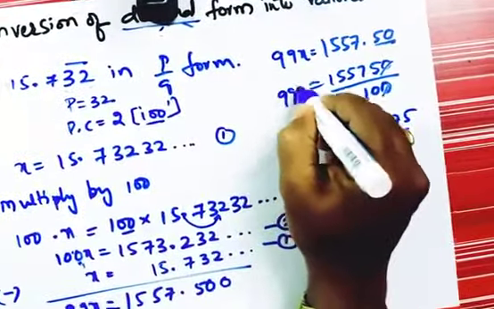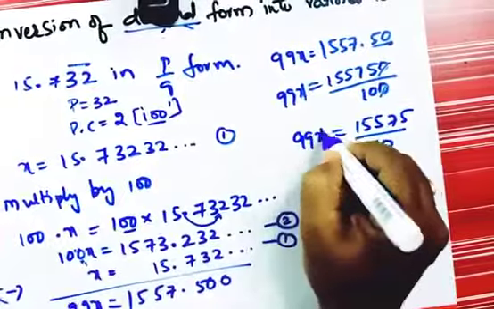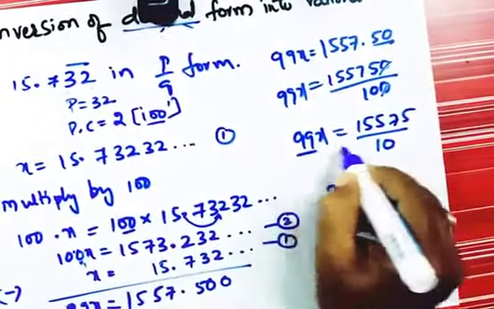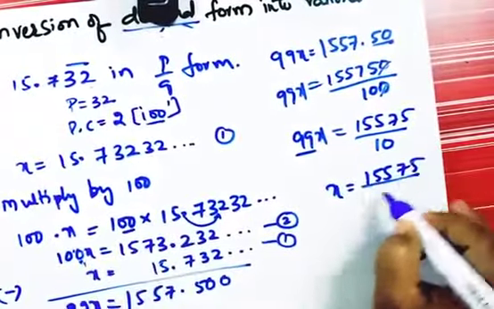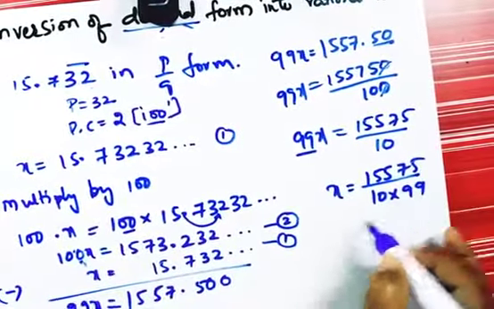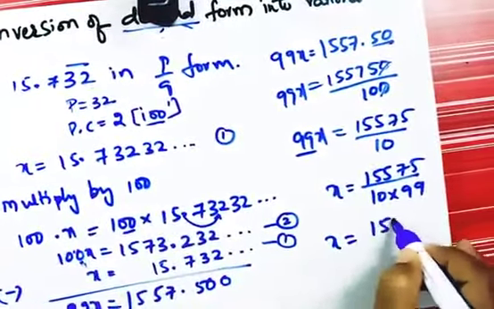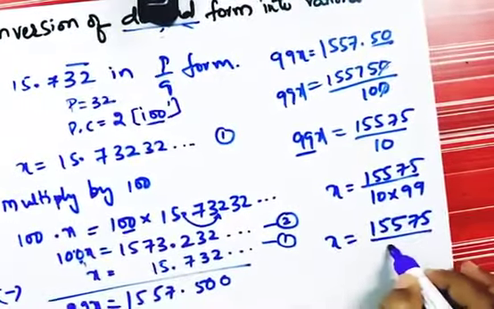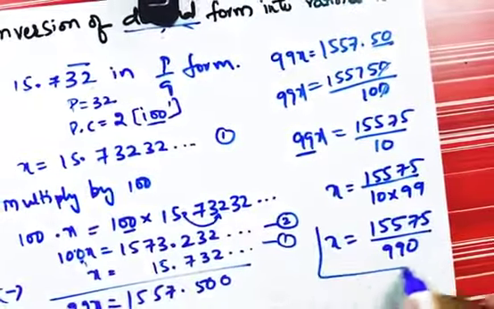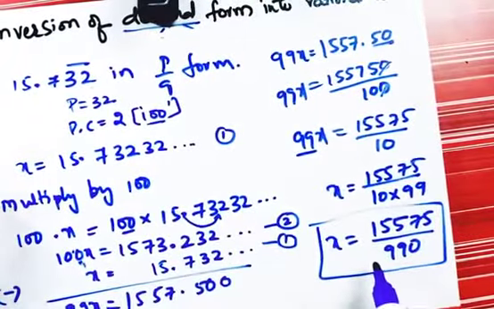On the left side we have 99x. Then x is equal to, sending the 99 to the denominator, 15575 by 10 into 99. Then the final answer you will get is 15,575 by 990. So this is the rational form of this mixed recurring decimal.